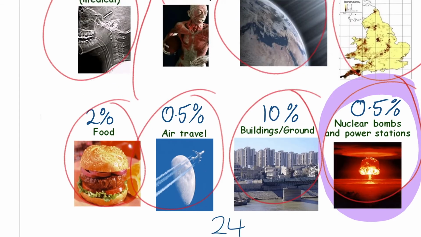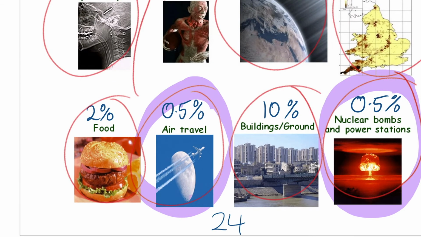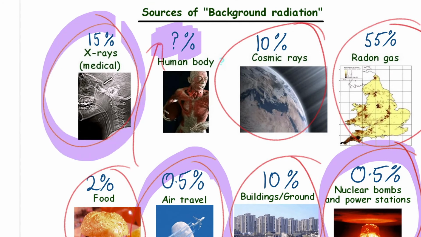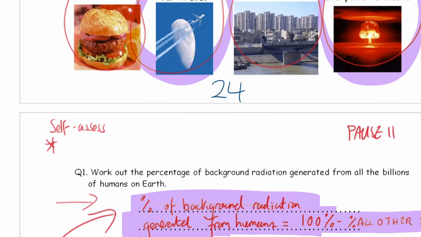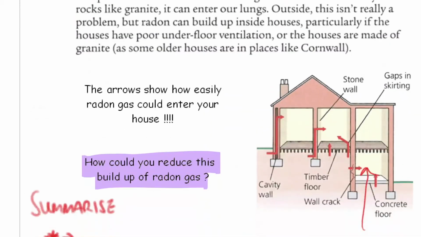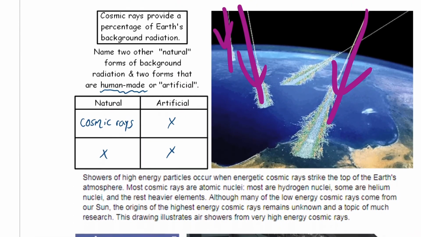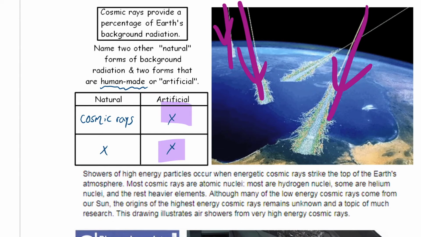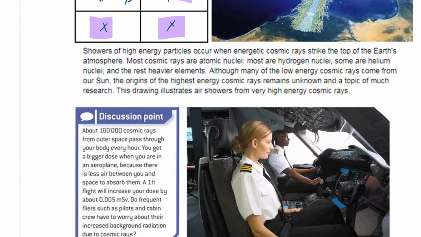Nuclear bombs, for example, air travel, X-rays. So you can pick two of those three and write them in these boxes here, and pick another one for another natural form of radiation.